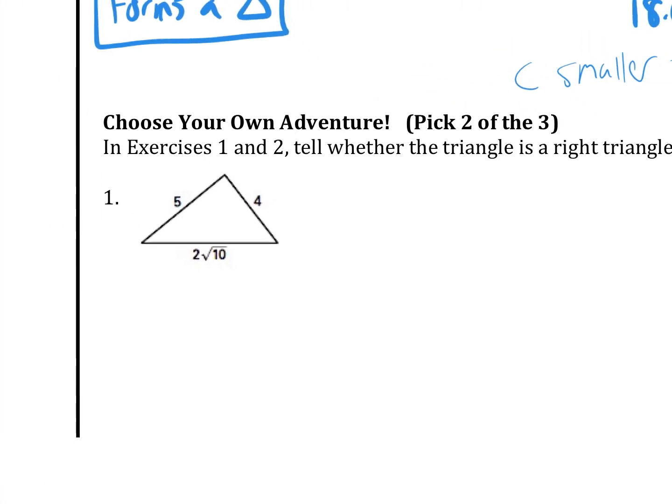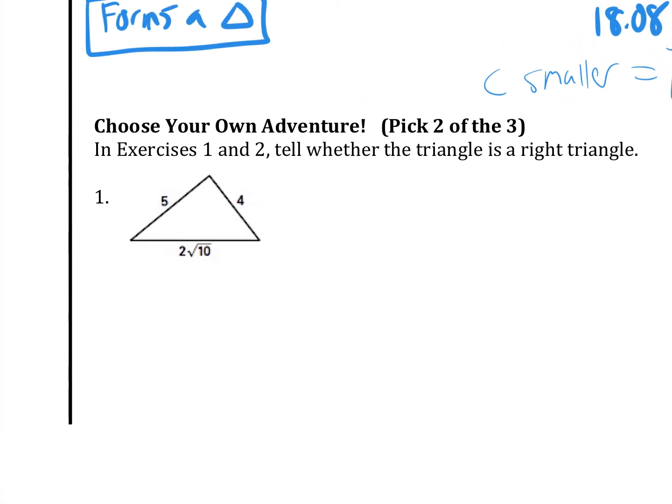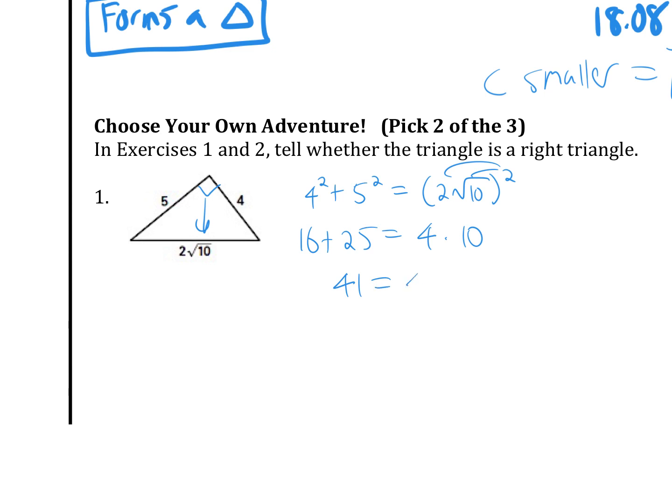All right, so exercises 1 and 2, we're trying to determine whether it makes a right triangle. Let's try to figure this out here. So if it's a right triangle, this is a right angle. So we're going to do a squared plus b squared equals c squared. So 4 squared plus 5 squared equals (2 square root of 10) squared. Okay, 4 squared is 16 plus 5 squared is 25. Apply the 2 to both of these, we're going to get 4 times 10. 16 plus 25 is 41, and 4 times 10 is 40.